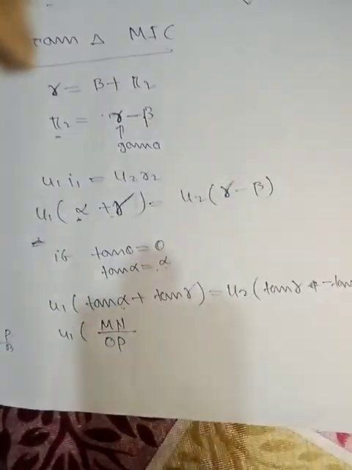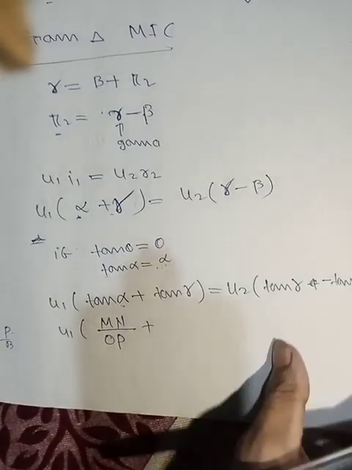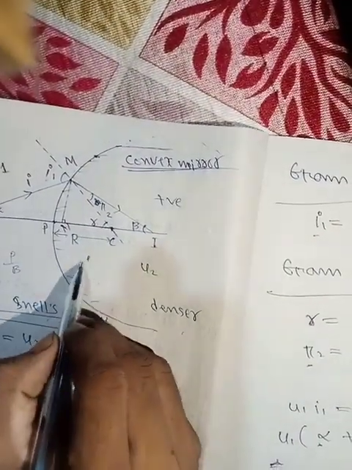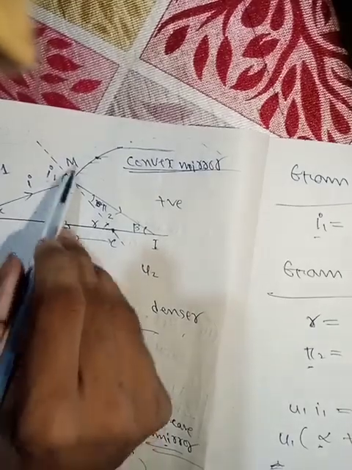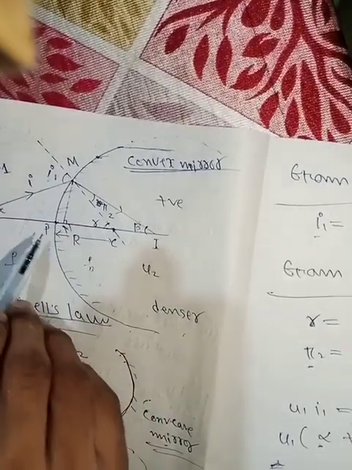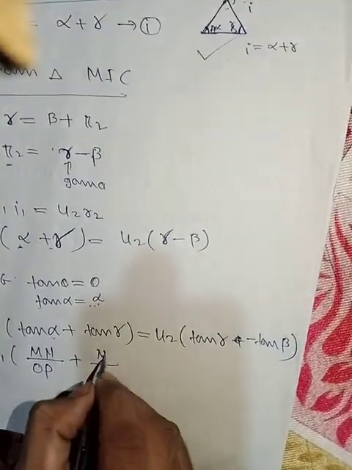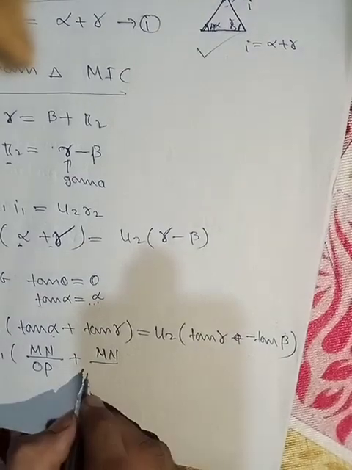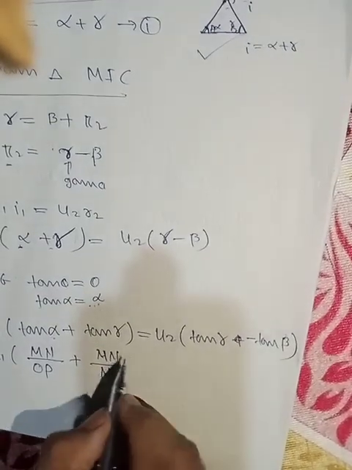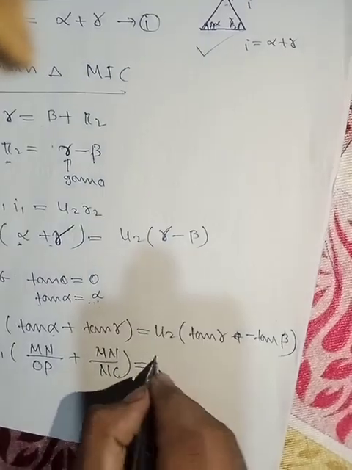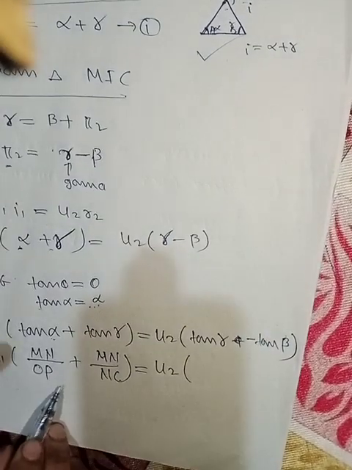Plus tan gamma, perpendicular by base. This perpendicular is MN and the base is NC, so MN divided by NC. This is perpendicular and this is base, is equal to mu2 tan gamma.